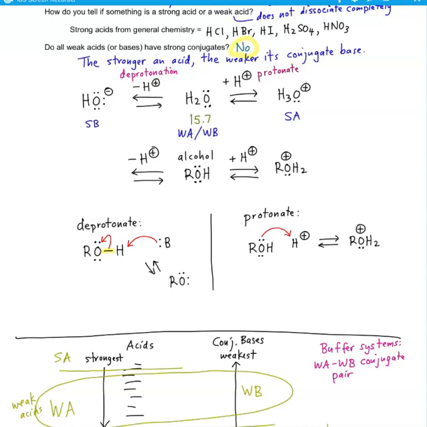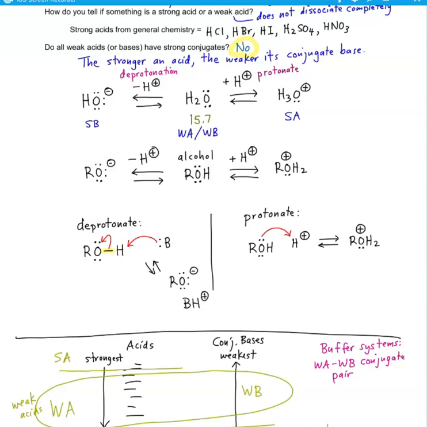The result of that is RO minus and BH plus in this case. RO minus is the thing that we care about. And so that's that guy right there. And so now we have all of our chemicals drawn.